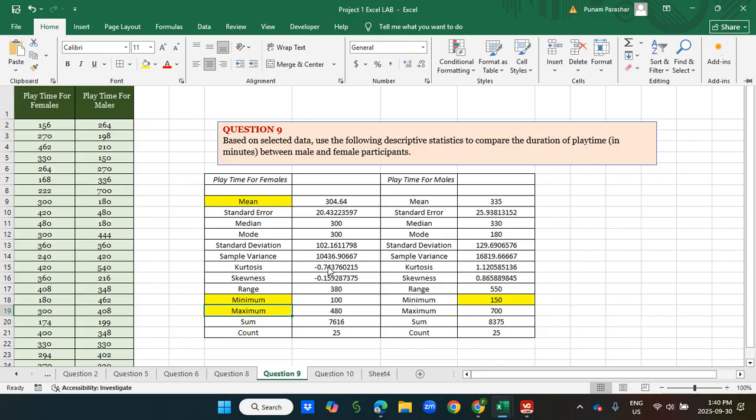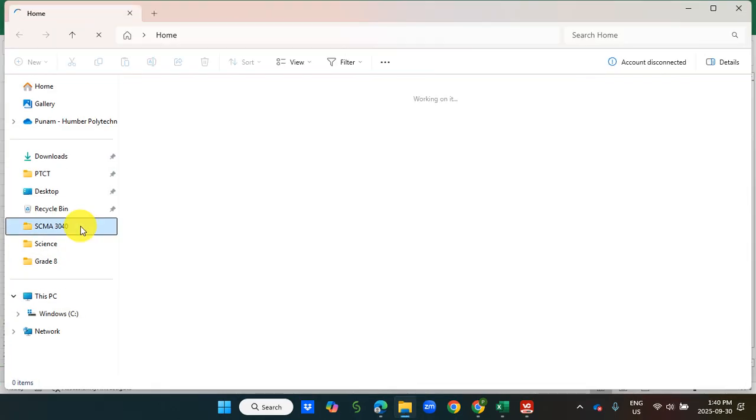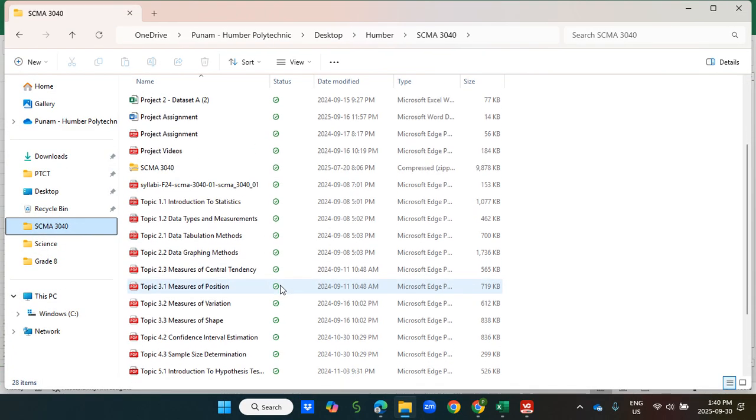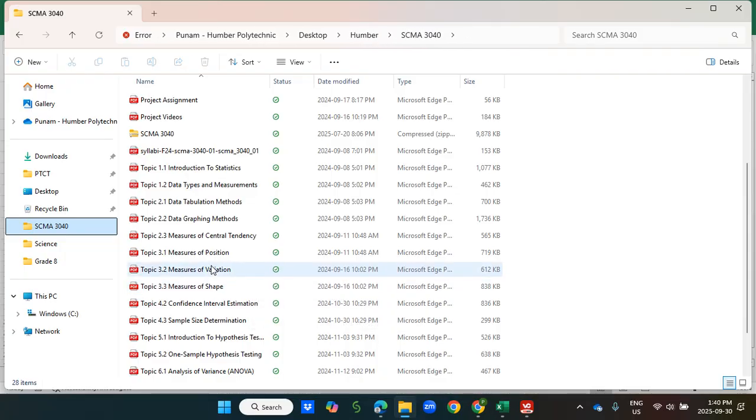Next is kurtosis. Kurtosis is about the tail, or you can say peakedness. You can find this under measures of shape in your lessons.